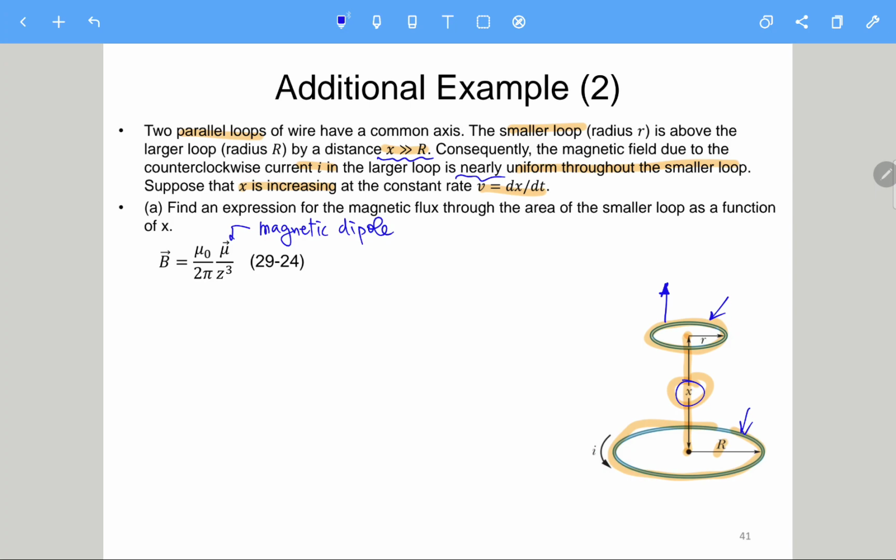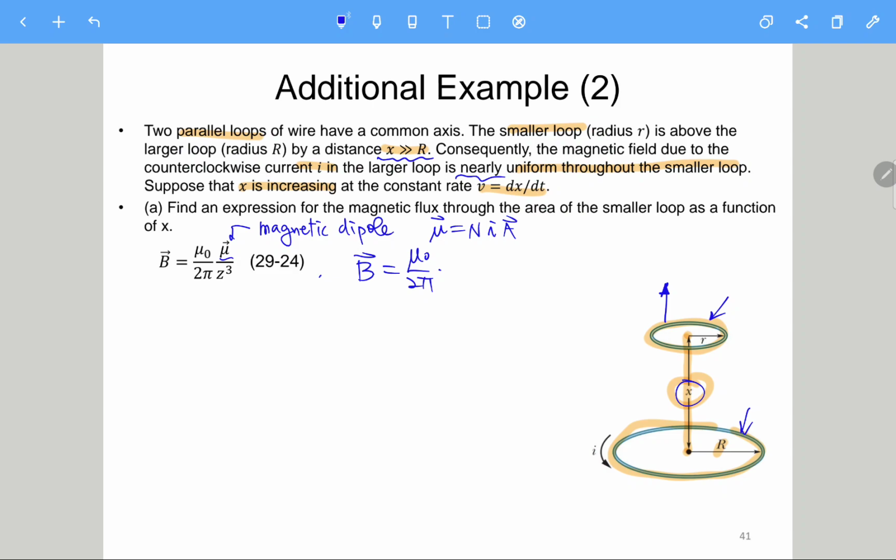So here we can write B to be mu naught over 2 pi, and this mu is actually the magnetic dipole moment. If you still remember, mu is actually N I A.